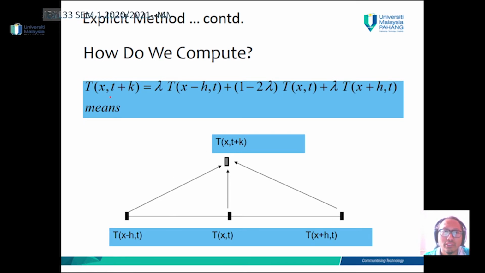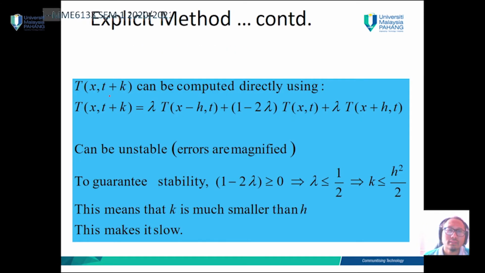By using this equation, for the temperature at point x and at the time interval t plus k, we can use the temperature at space x minus h at time t, and the nodes at x, t and x plus h, t, to provide the future temperature for t plus k at time interval k. So T at t plus k can be computed directly using this equation.